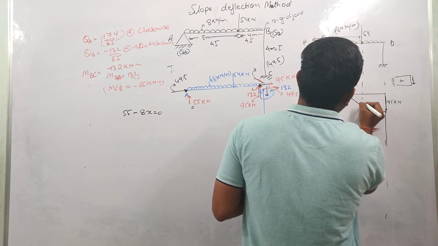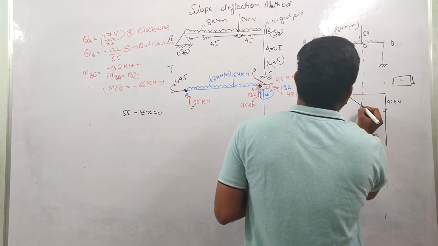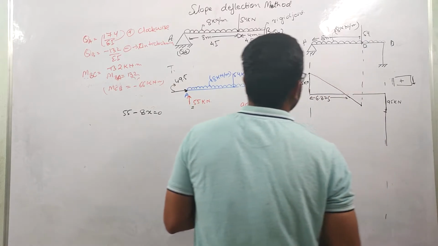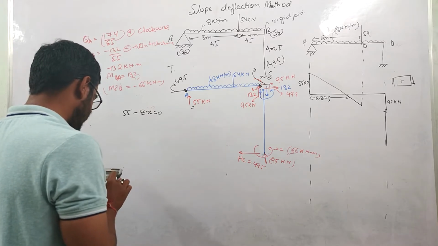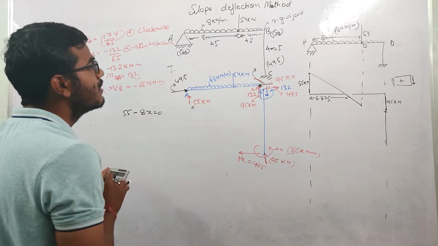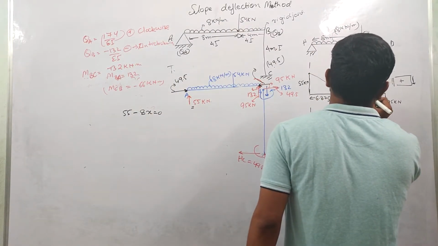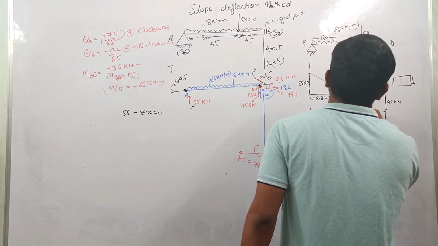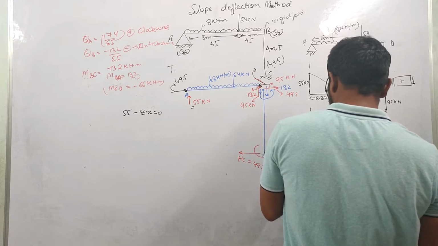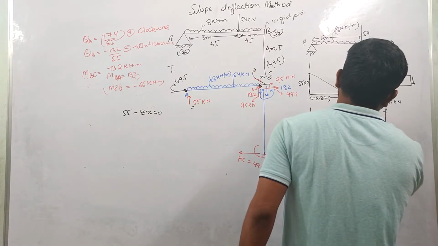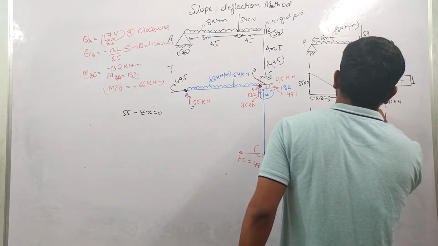And at this point, at D point, the value will be 55 minus 8 into 8. So this value is 9 kilonewton, okay. Now there will be an addition of 54 plus 9, okay.